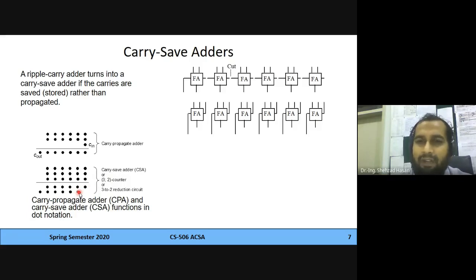So we are not trying to add anything over here. We are just trying to reduce them from 3 to 2. Similarly we are going to do that for the next levels, and in the end what we are going to get are just two numbers, and then we can use any of those adders that we have discussed to get a final answer.